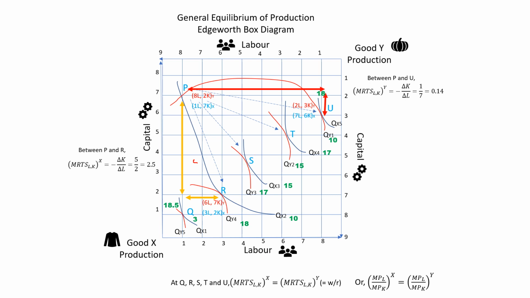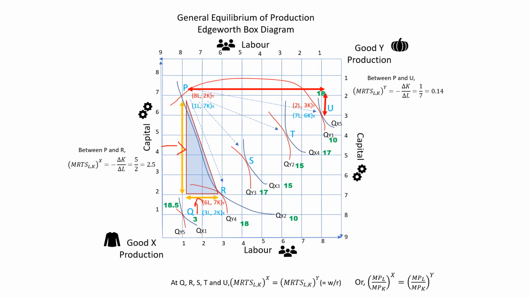So we can look at it again just like we looked at it for the general equilibrium of exchange. We can look at it in terms of the right angle triangles. So in the first case, in the movement from P to R, the gain is this gain in terms of labor, and the sacrifice of capital is given by the perpendicular of this right angle triangle.